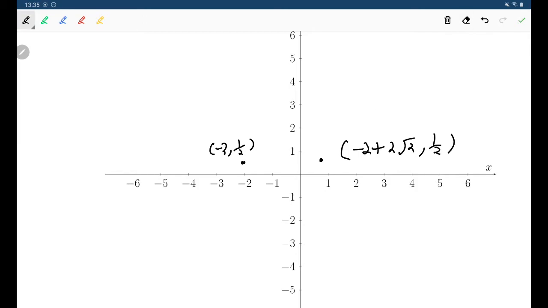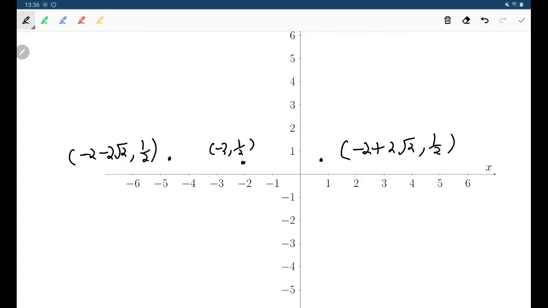Similarly, when I plot my second vertex, I'll be going almost 3 units to the left, so I'll almost be at the x value of -5, not quite. And for that, my x coordinate would be -2 minus 2 root of 2, because I've started at -2 for my x coordinate, and I've gone 2 root of 2 units to the left. And then now in the y direction, for b, the value was 2, so from the center point, we'll be going 2 units up.